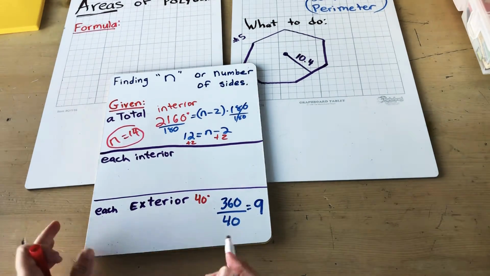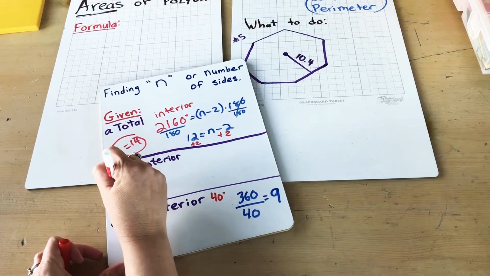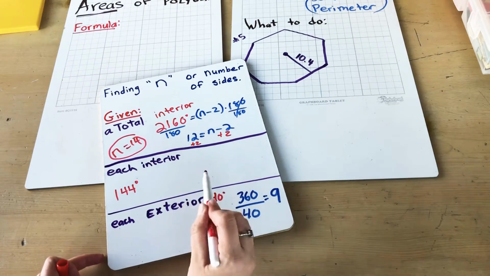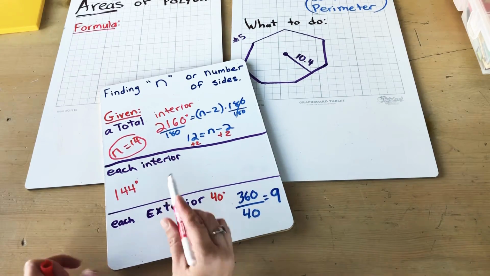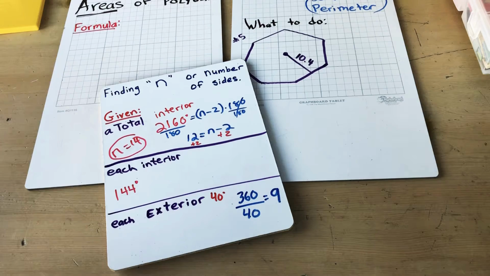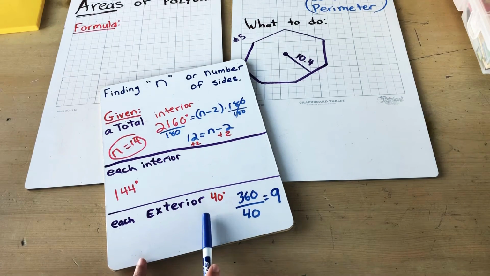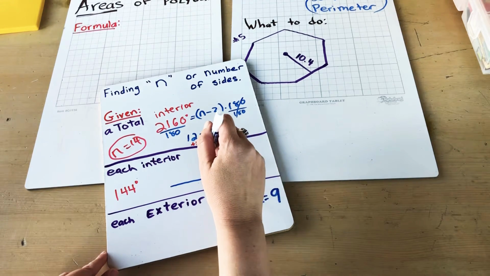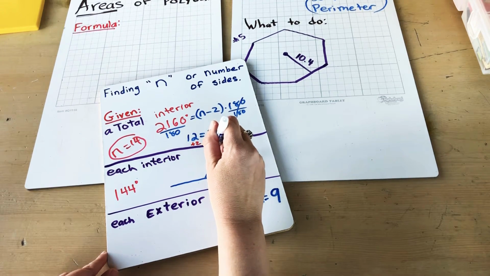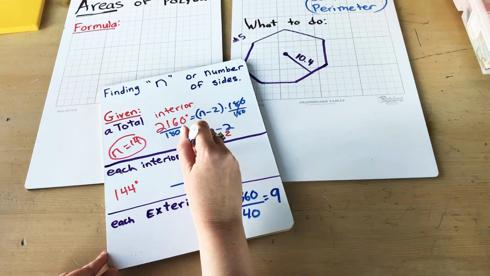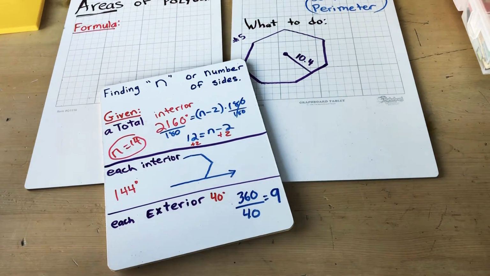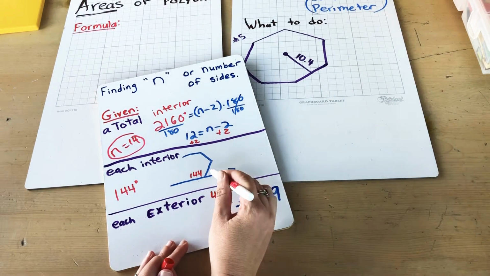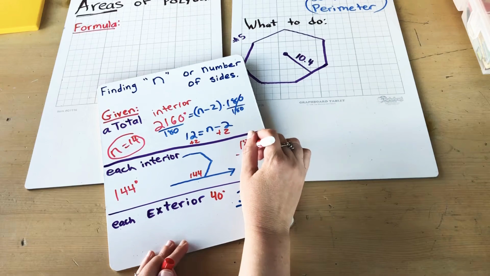So say you're told each interior angle is 144 degrees. What's the number of sides? Now you can do a whole bunch of algebra, and trust me, it's a lot of algebra, but there is a shortcut. We're going to just do what we did here. If you know each interior, you'll know each exterior, because if each interior is 144, how do I get the exterior? 180 minus 144.